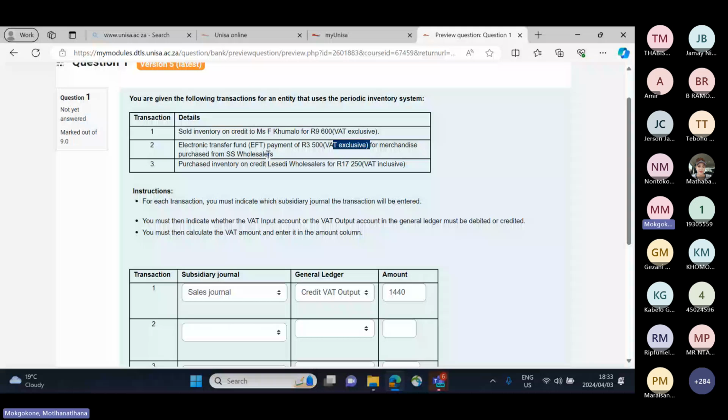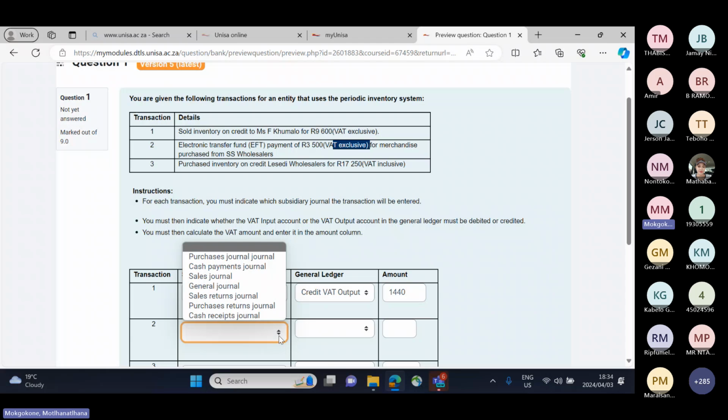because the business paid money coming out of the business bank account. Then you must indicate whether the account in the general ledger must be debited or credited. Here you must tell us which VAT, whether it's VAT input or VAT output, and whether it's debited or credited.